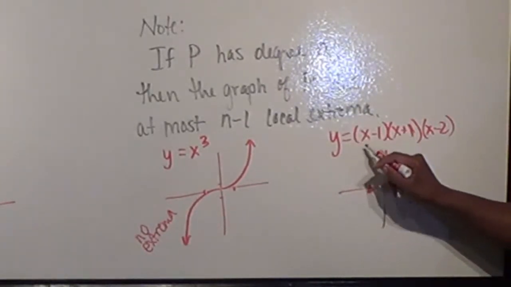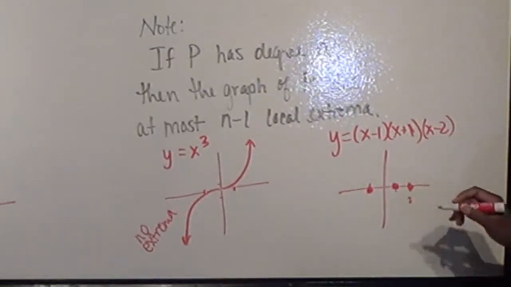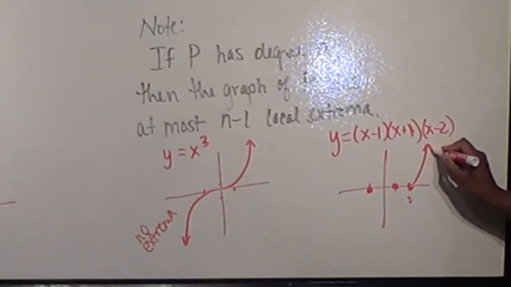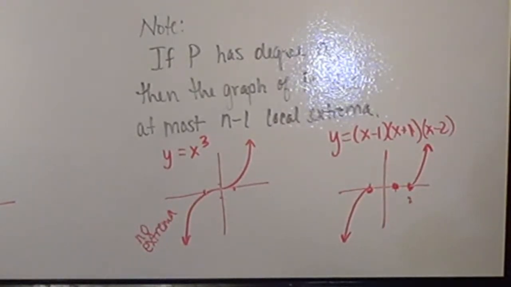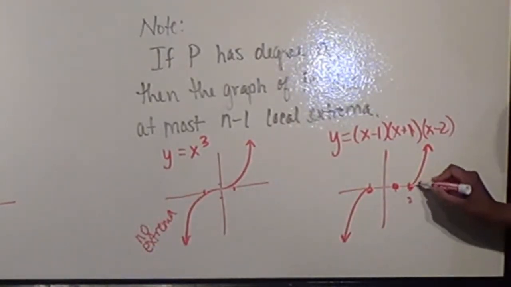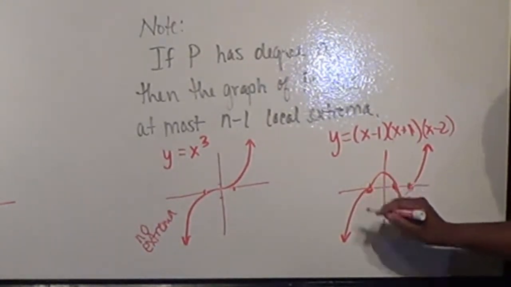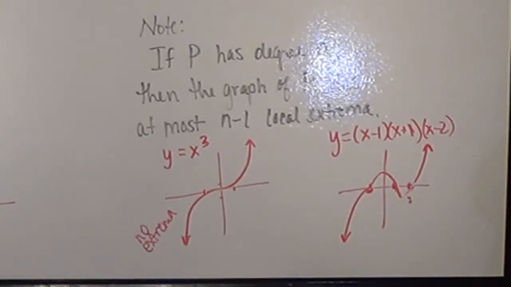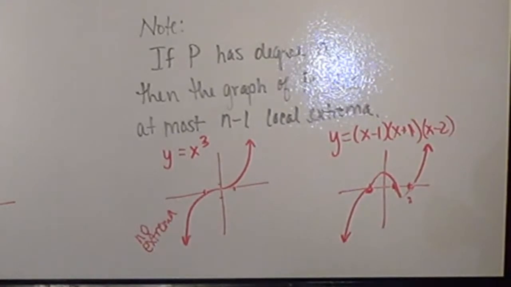I can also see that the leading coefficient here, if I multiplied this out, would be x cubed. So degree is odd, leading coefficient is 1, so I know it's going to do something like that for the ends. But then passing through each of these points means that my graph is going to have to do something like that. Okay? So here we can see I've got two cubic polynomials.